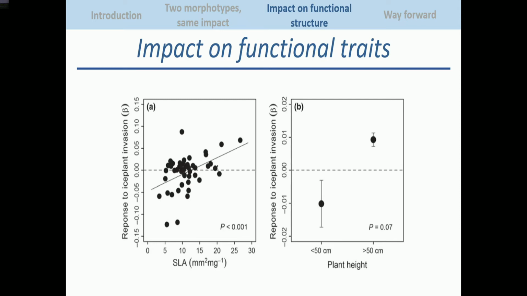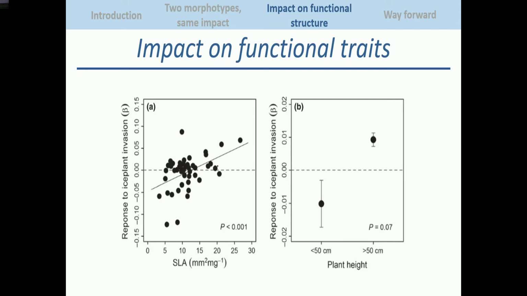So we already had some ideas of which species were able to coexist with Carpobrotus, and which ones were not.